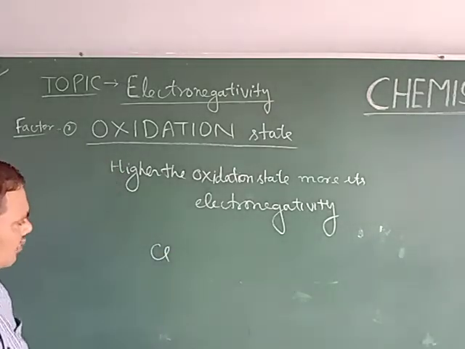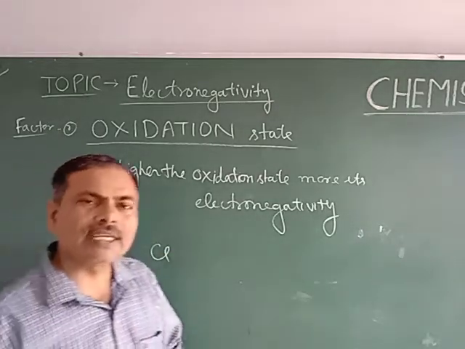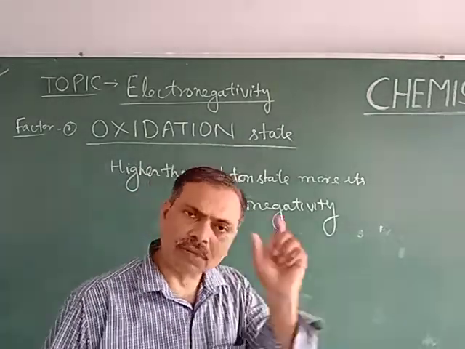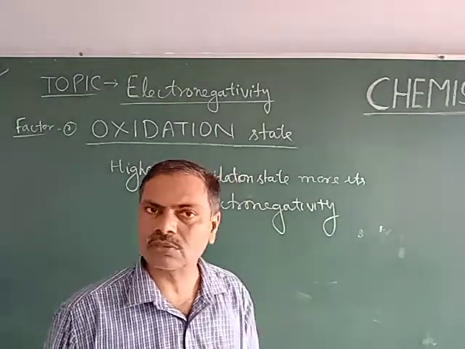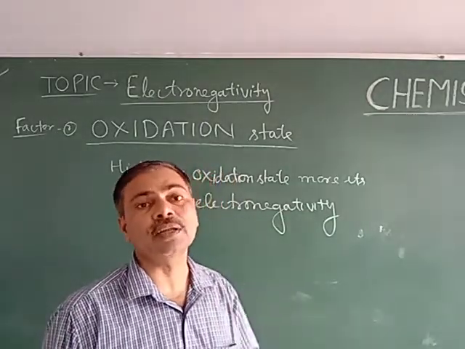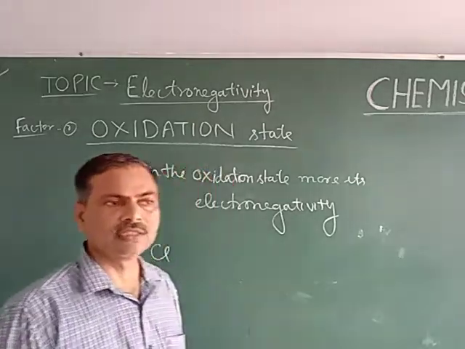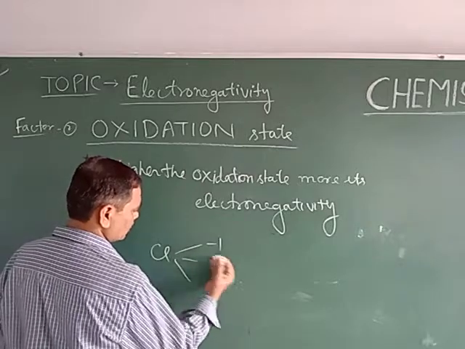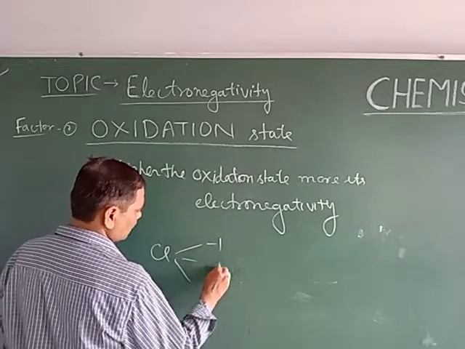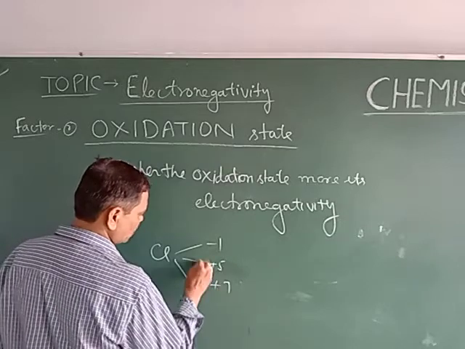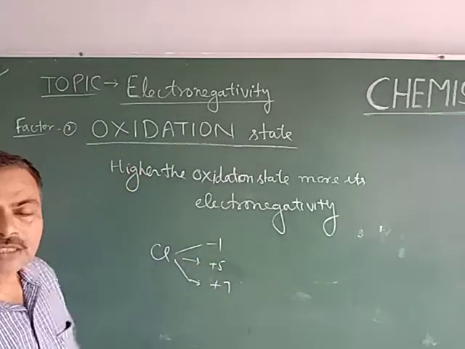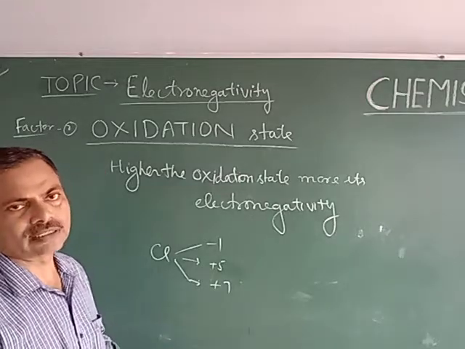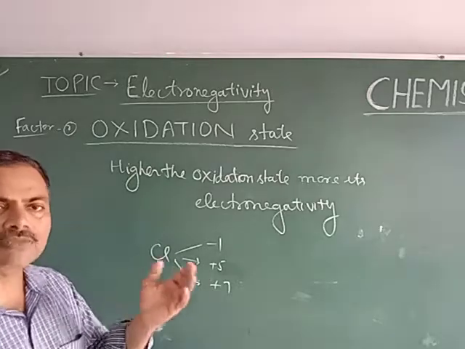In case of halogen, we take chlorine. Chlorine has oxidation states from -1 to +7 in different compounds. In some compounds, chlorine has oxidation state of -1, and in some, +5, +7, etc. When chlorine is bonded with oxygen, it generally has the oxidation state of +5 or +7.